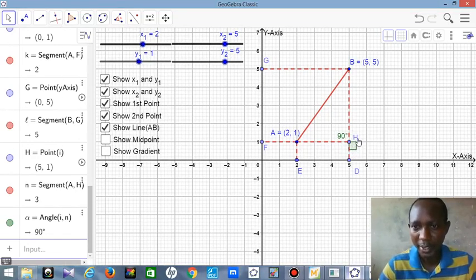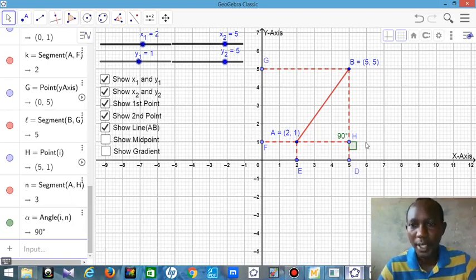Though it's labeled at the other end, it's also 90 degrees. So now that we know this angle is 90 degrees in triangle ABH, it means it's a right angle triangle.